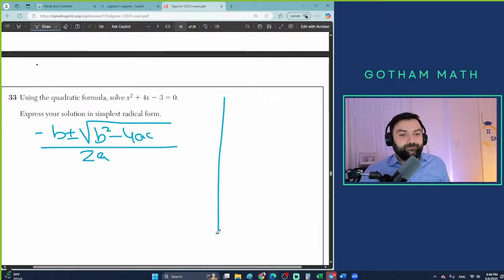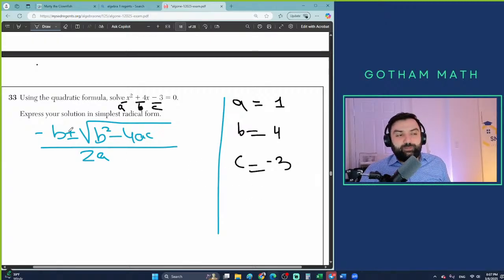All right, so you need to know what a, what b, and what c is. The number in front of the x squared is a. Since there is nothing, it's 1. b will be positive 4, and c will be a negative 3. A, B, C.